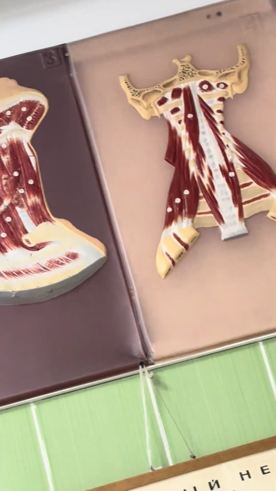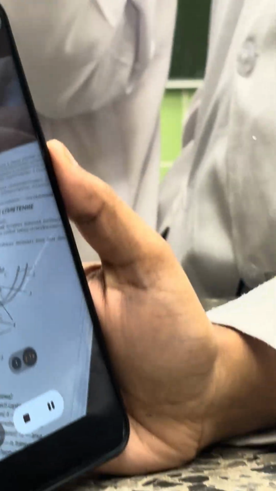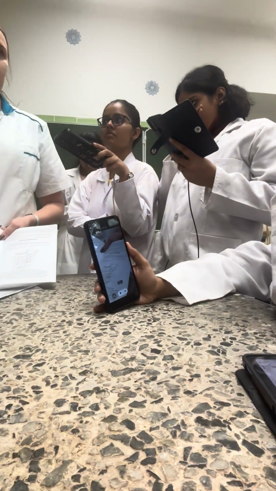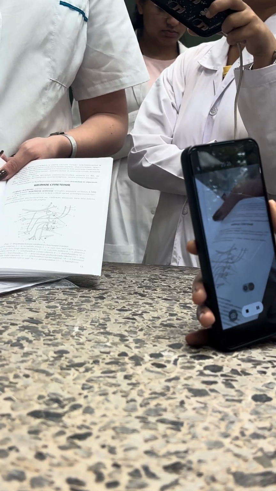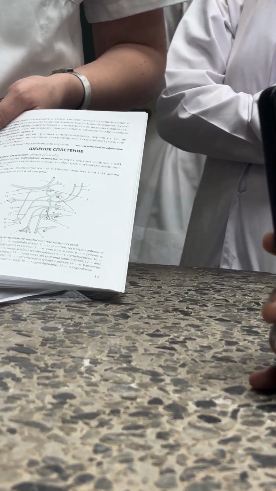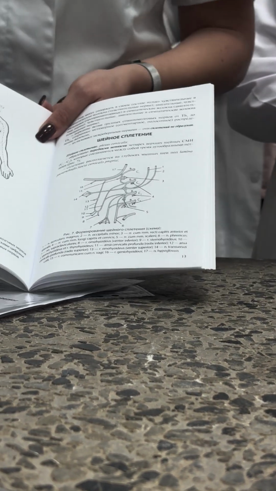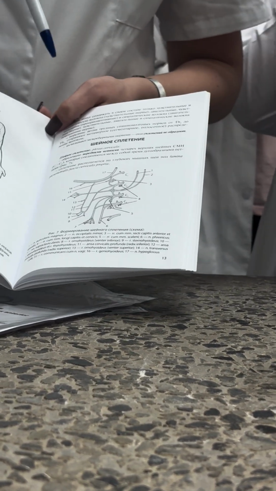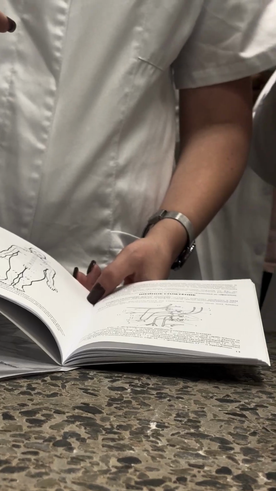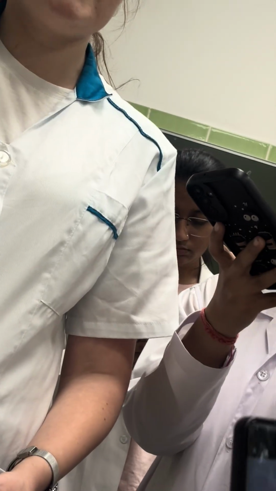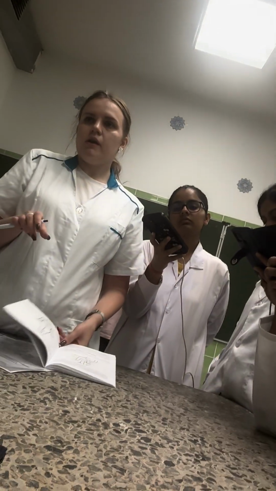And revise muscles of, now we discuss the brachial plexus, yes. And in this topic we discuss pectoral muscles and back muscles. So revise all muscles, all muscles. So, it's about the motor part of the cervical plexus.